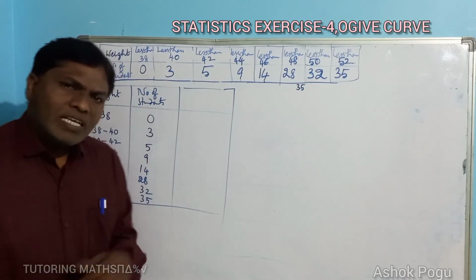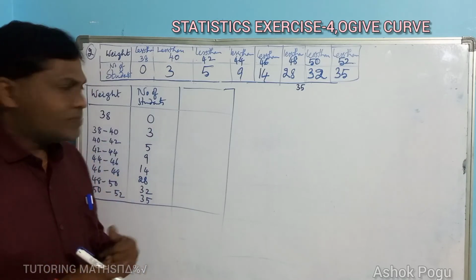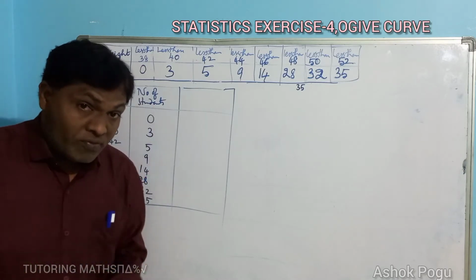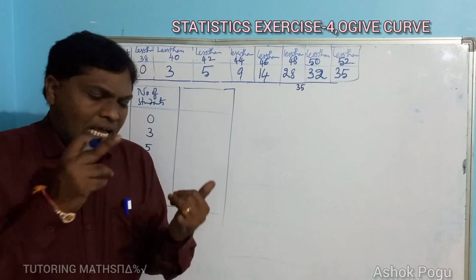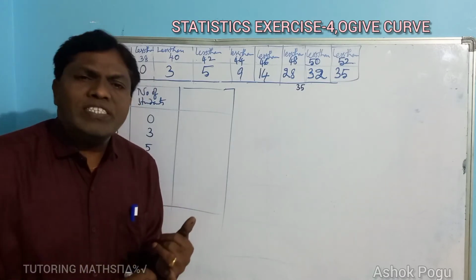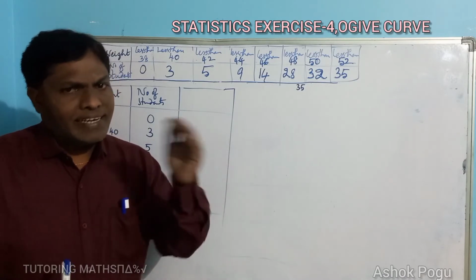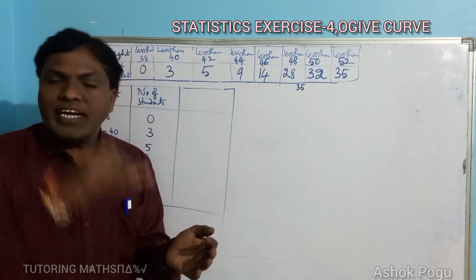First of all, is it frequency or cumulative frequency? This is the number of students data. Observe the data first. We have already discussed in our previous questions that frequencies are usually taken in zigzag order: increasing, decreasing, increasing, decreasing.